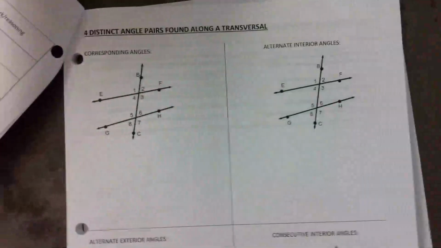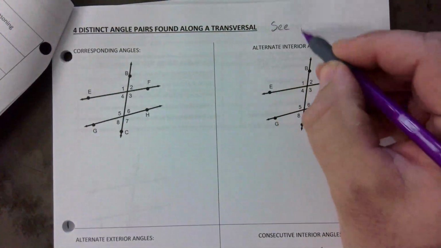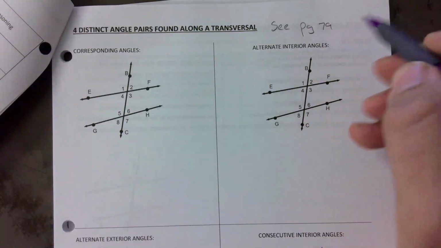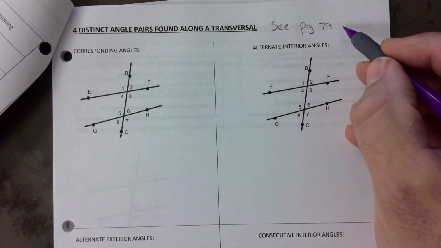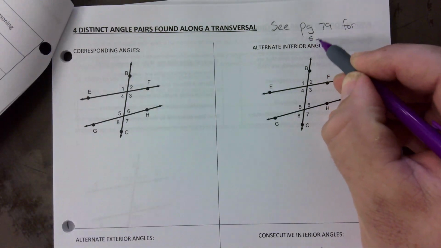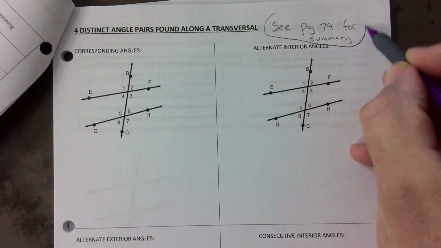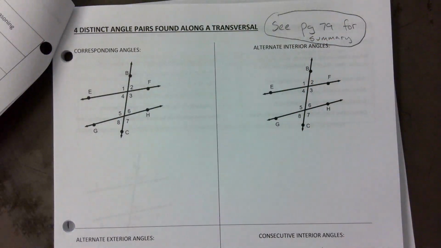And I always like to cross-reference. You just go see page 79 for summary. That way you tell yourself that on page 5, this is summarized with fewer letters and fewer numbers in the mix. Okay.